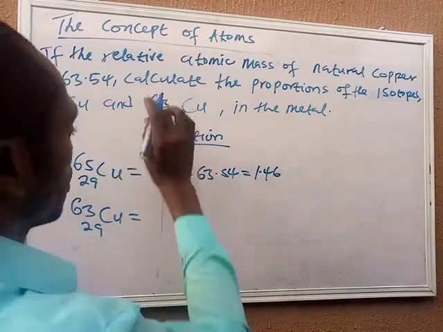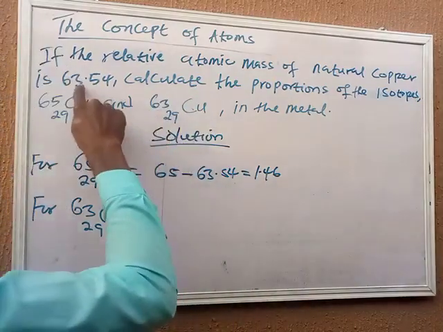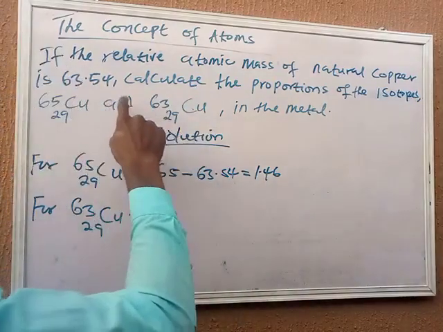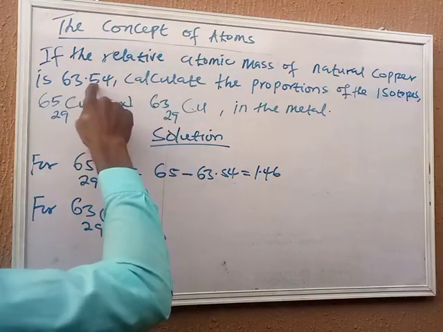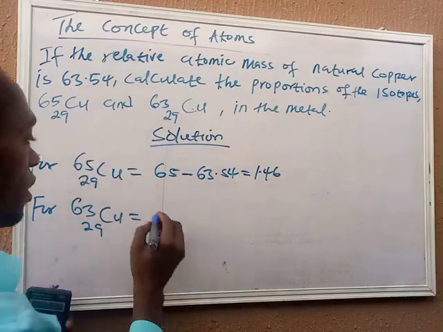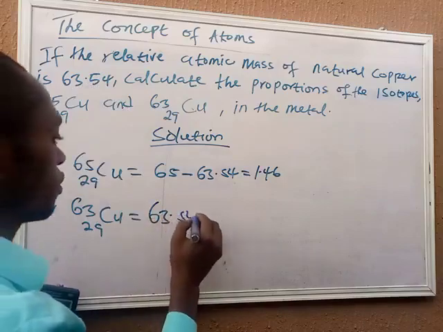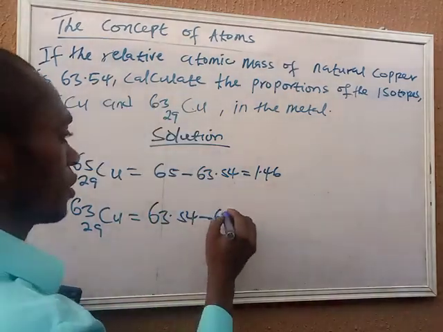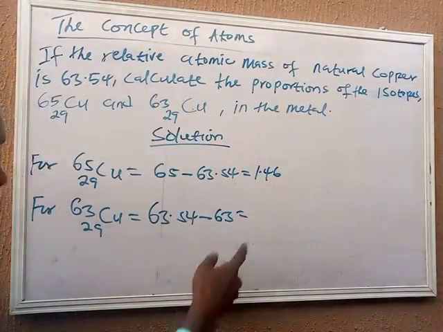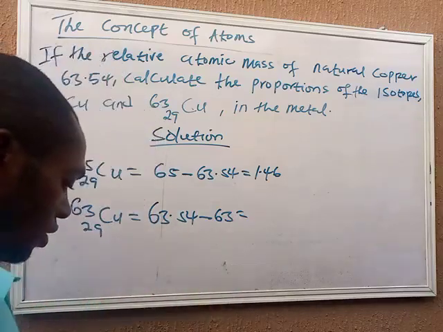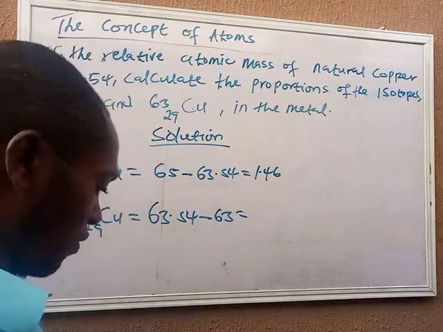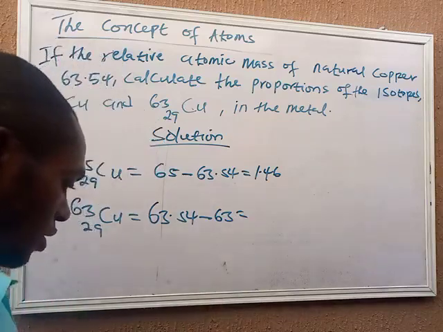we cannot say 63 minus this, because if you observe, this is closer to this. So we'll have the relative atomic mass, 63.54 minus 63, because if you do the reverse, you have a negative number. So we have 63.54 minus 63.